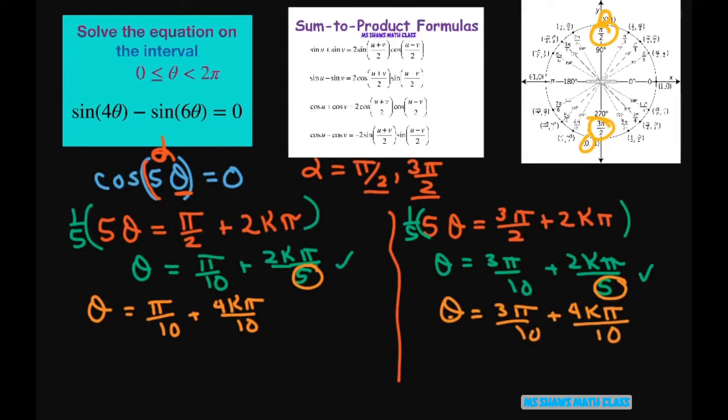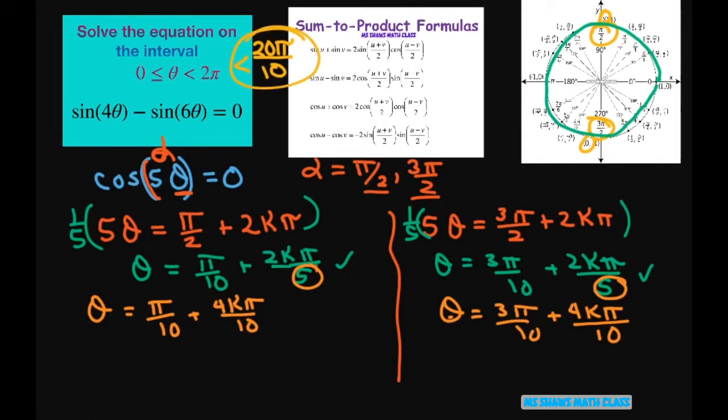Now all I have to do is use my rotations, and we want to get from 0 to 2 pi, but not equal to 2 pi. Since my common denominator is 10, we don't want to go higher than 20 pi divided by 10. It can't equal that. It has to be less than that.